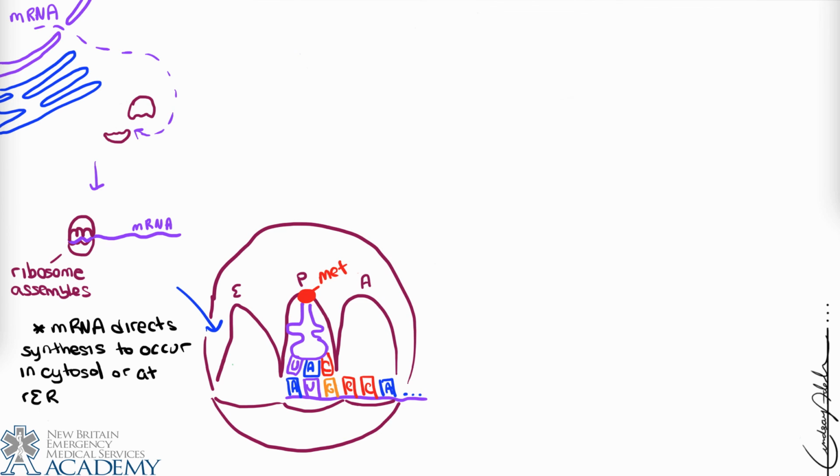So since AUG is our start codon, we actually start that at the P site. It slides right into the P site. We're going to skip over a few things in terms of how that physically occurs, but we start there, and all the other tRNAs will sit at the A site first.